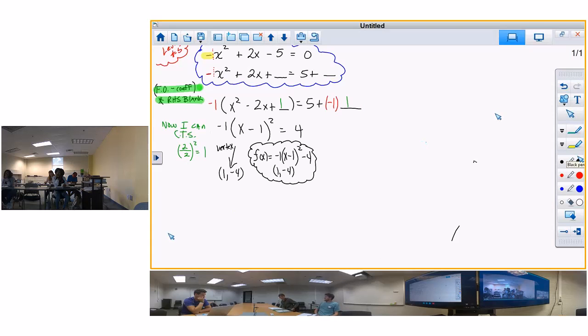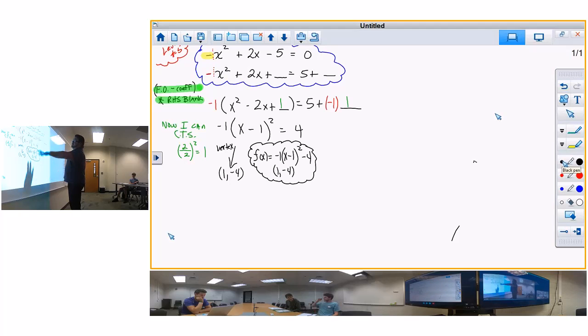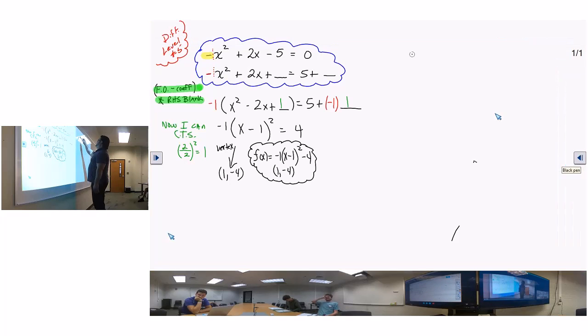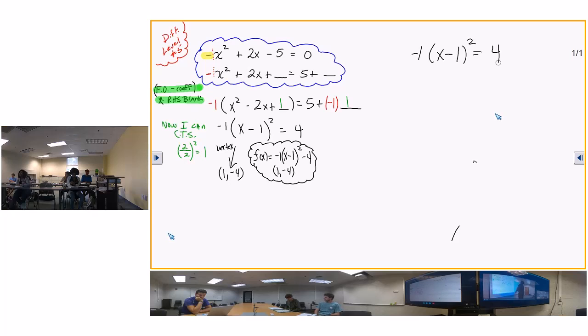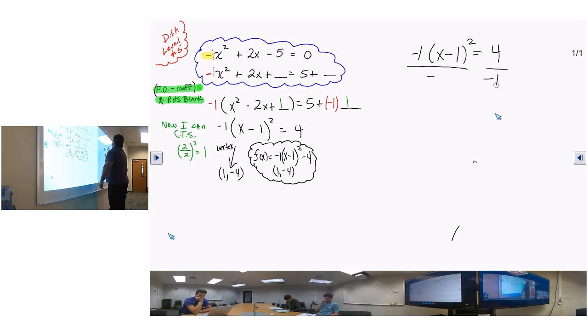There we go. So now bring this over here, or bring -1 times (x minus 1) quantity squared is equal to 4. Now we're going to solve for x. Divide by -1: (x minus 1) quantity squared is equal to -4.